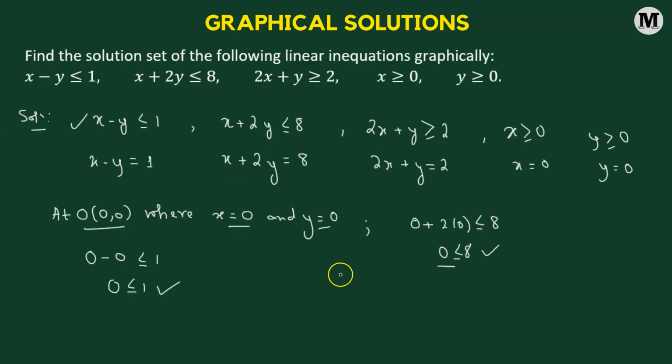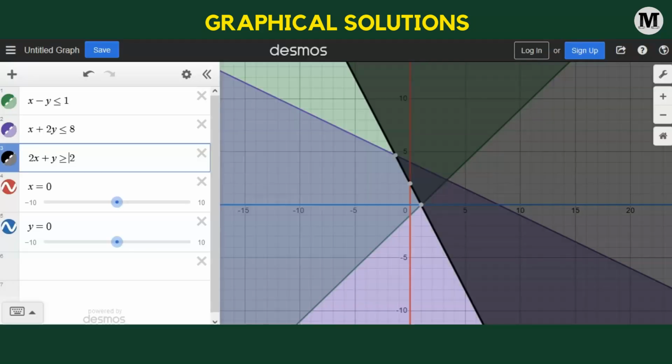We can verify that. Substituting 0, 0 into our inequality, we have 2 times 0 plus 0 greater than or equal to 2, which gives 0 greater than or equal to 2. We know this is an incorrect statement. That's why, looking at the graph, the origin is not part of the solution. The solution lies above the line 2x plus y equals 2.